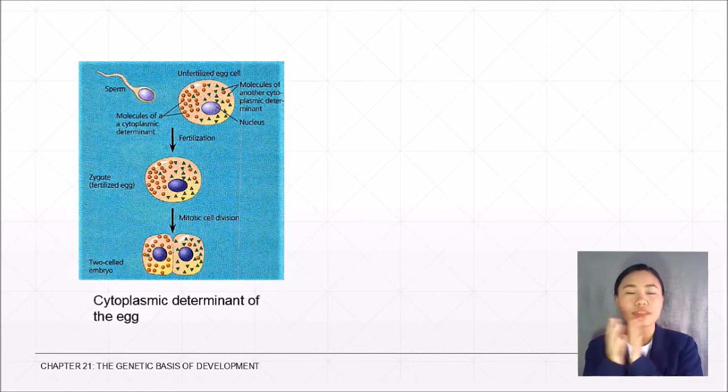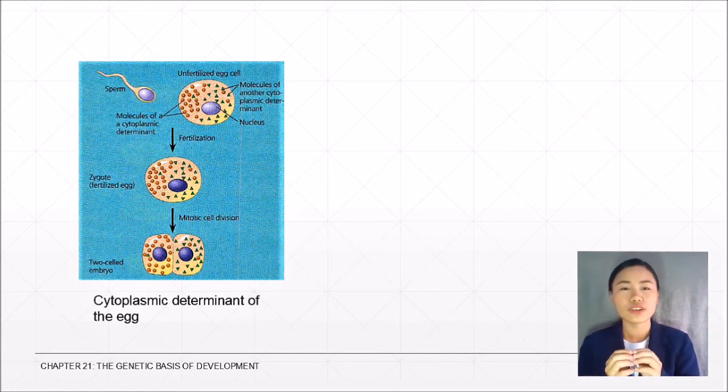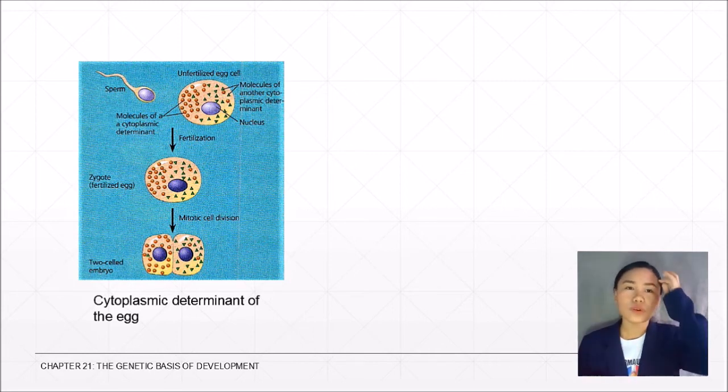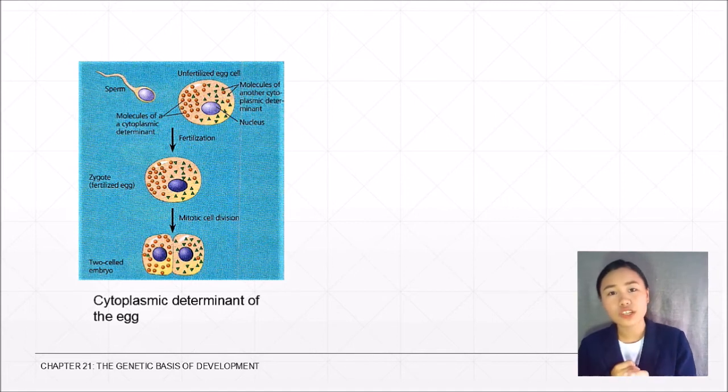Now that our egg is fertilized, it becomes a zygote. And we can see that the green triangles and the orange circles are unevenly distributed.